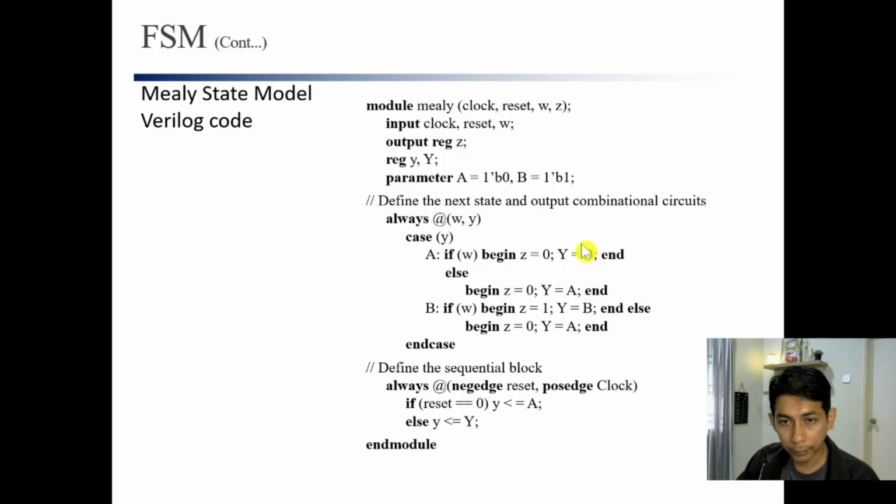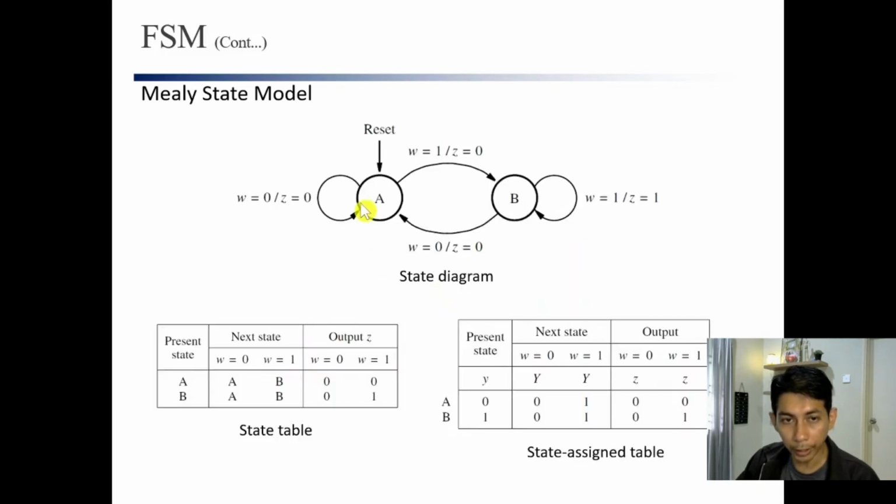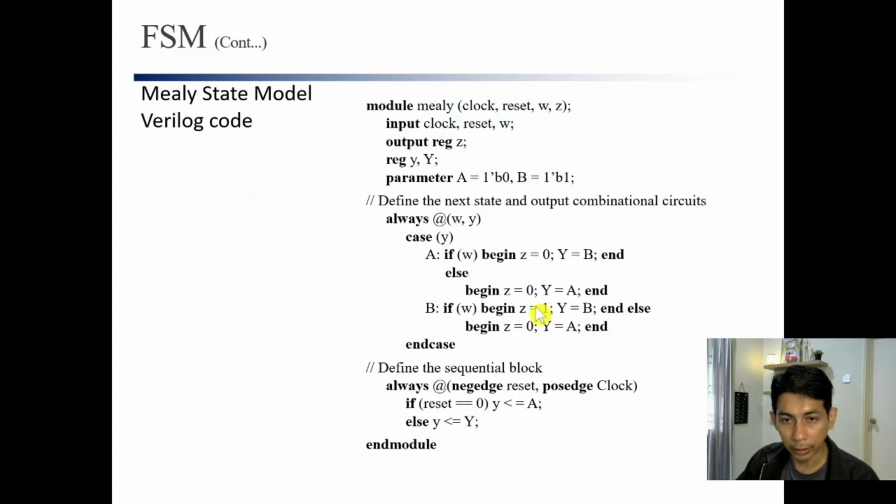That's why we have the next state equal to b. But if w equal to 0, we should remain at a. If w equal to 0, z equal to 0, and the next state should be a.